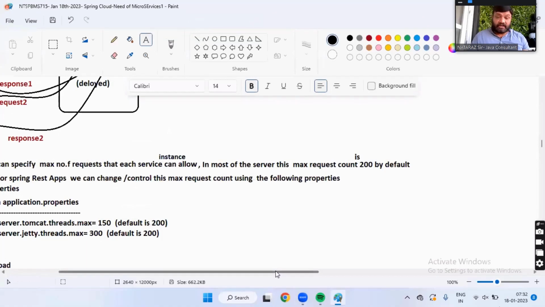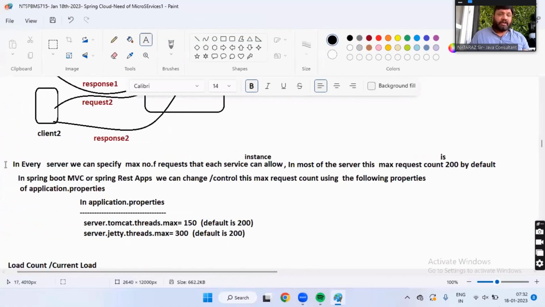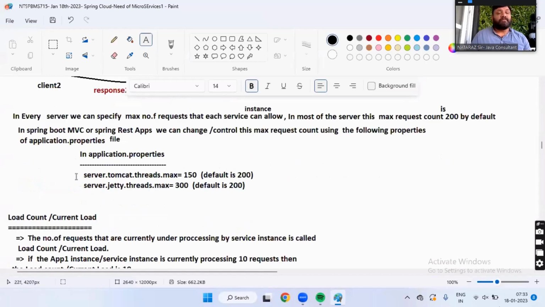In a Spring Boot MVC or Spring REST application, we can change or control this max request count using the following properties of the application.properties file.